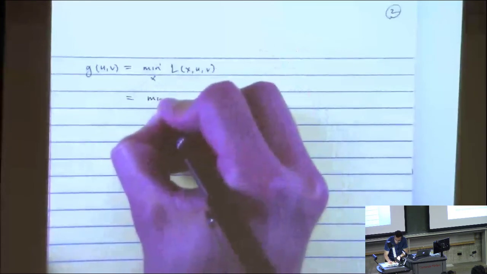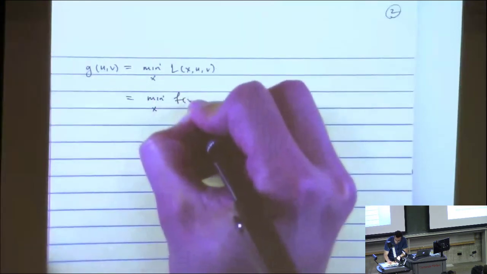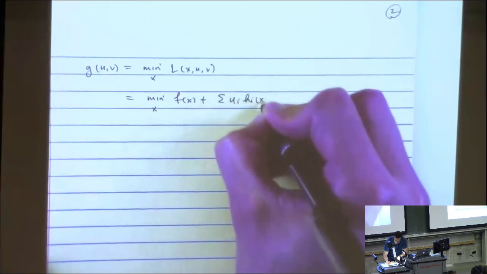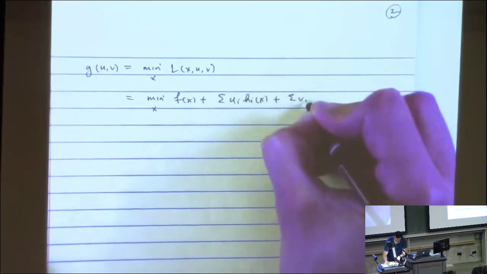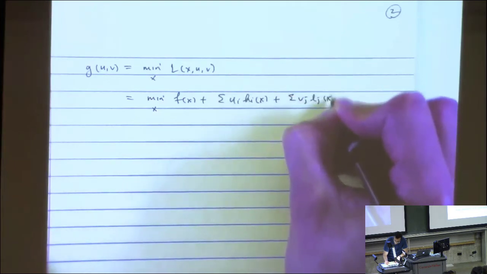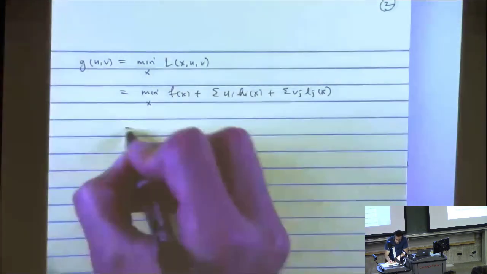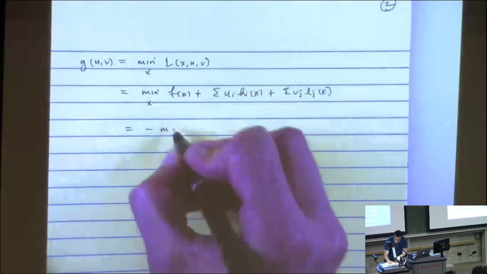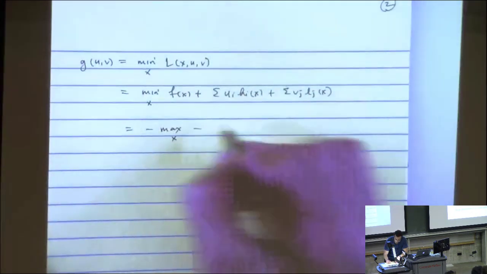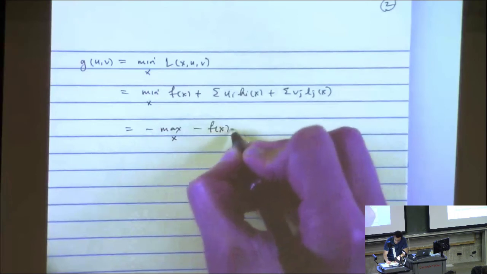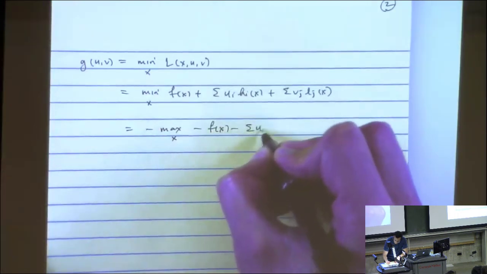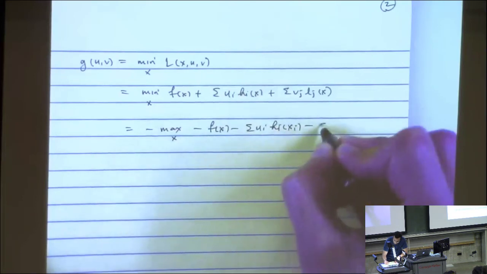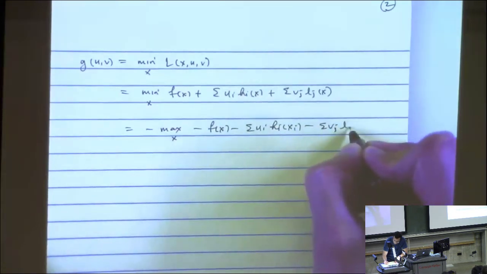And that's just equal to f of x plus the sum of ui hi of x plus the sum of vj lj of x. I'm going to flip the sign and call this minus max over x of minus f of x minus the sum of ui hi of x minus the sum of vj lj of x.